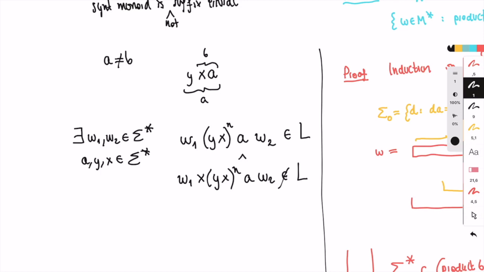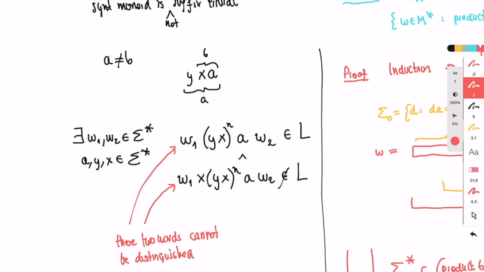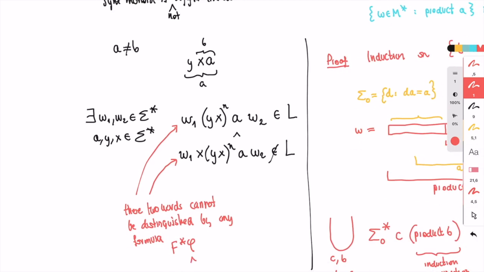And now we can exploit this by observing that these two words cannot be distinguished by any formula of the form finally star phi, where this uses only finally.